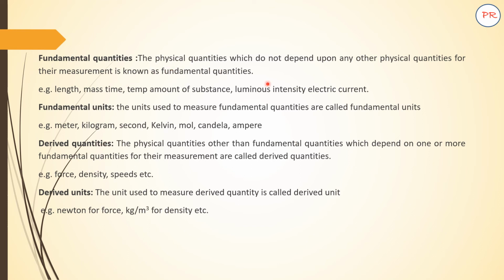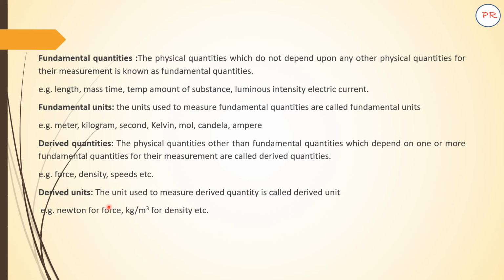Apart from fundamental quantities, all other quantities are derived quantities. But what is the definition? Let us see. The physical quantities other than fundamental quantities, which depend on one another for their measurement, are called derived quantities. Example, force. Force depends upon mass as well as acceleration.